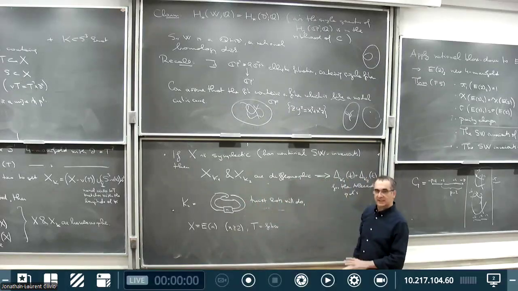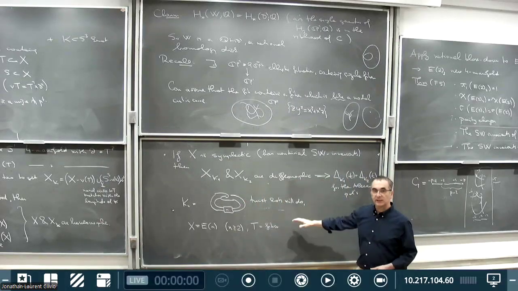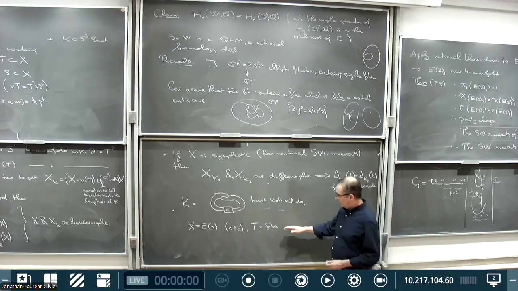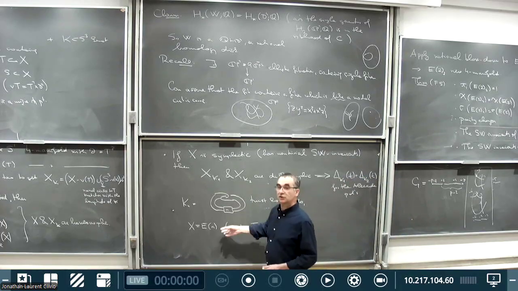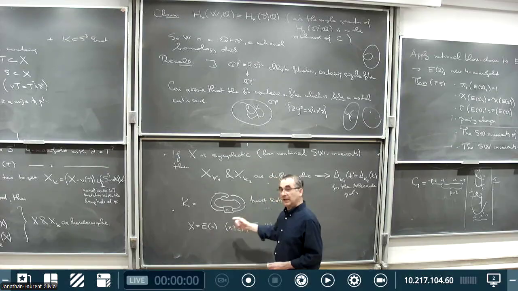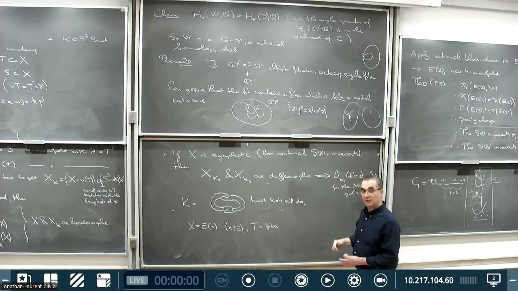This tells us that there is another infinite family of smooth structures on these manifolds. They are distinct from the ones we produced earlier.